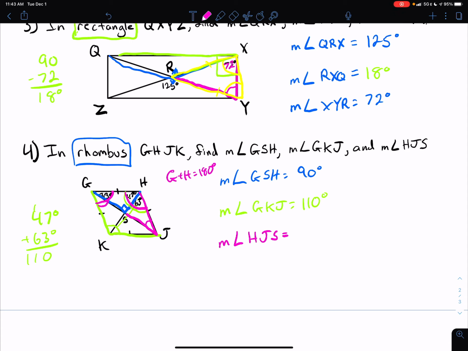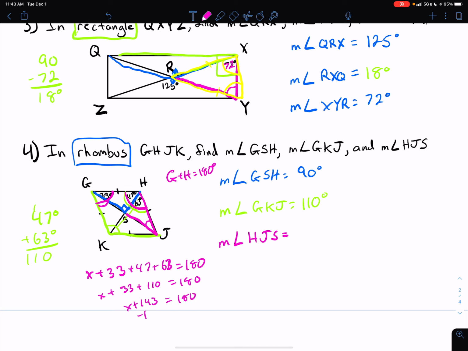But we don't have quite all of those. So for G, we have x plus 33. And then for H, we have both 47 and 63. Or we could just add those together and make them 110. But I'll write them out this way. And that should equal 180 degrees. So this is 110 plus 33 plus x equals 180. Put those together, it's 143.